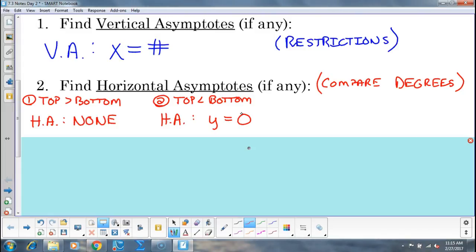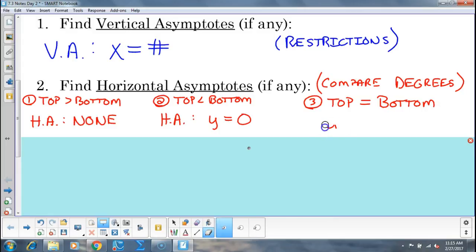Okay? What's the third way that I can compare two numbers? Top is bigger, bottom is bigger, they're equal. Yep, top equals bottom. Then if that's the case, oops, I forgot horizontal asymptote first.